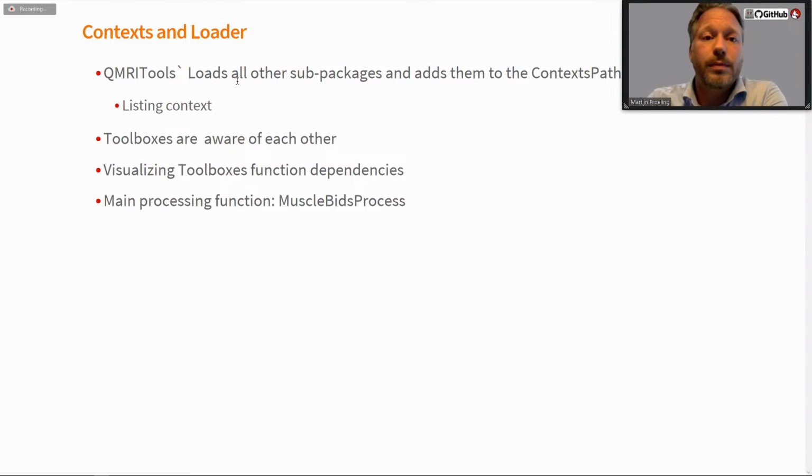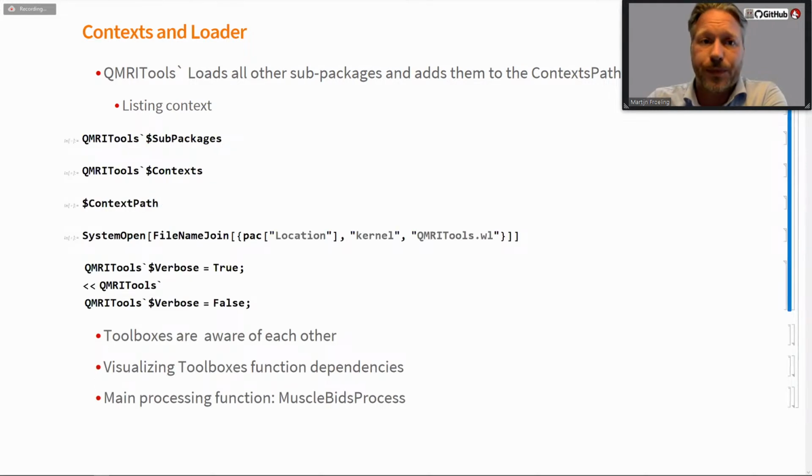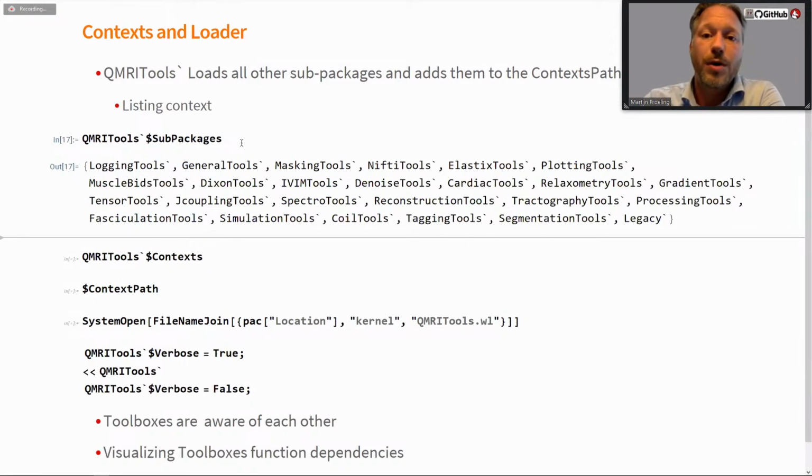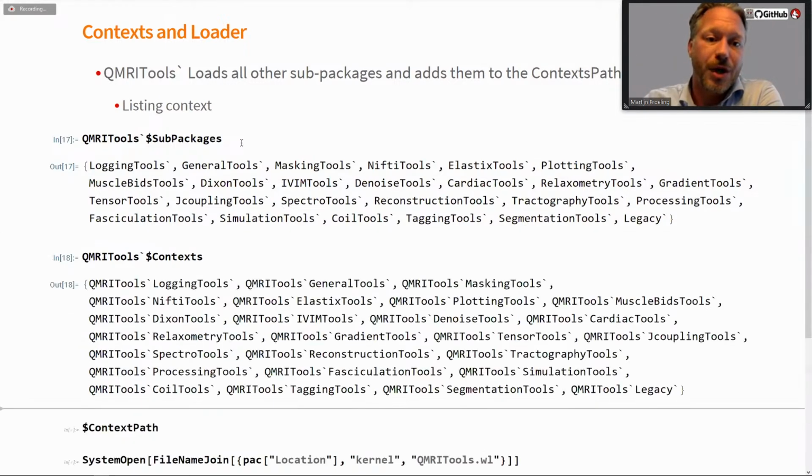So the main loader, qMRI, loads all the other sub-packages into the context path. The list of sub-packages is one of the variables within the toolbox. These are currently the sub-packages that are exposed to the user, and that has this context, so it's all in the qMRI context.